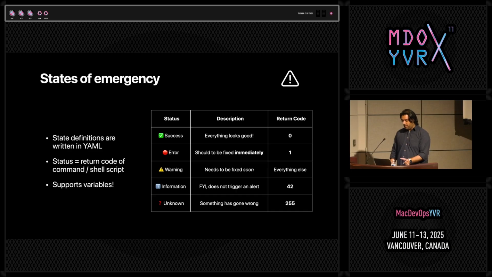So that's the information state, and then if something's fallen over, we've got an unknown state, just as a safety net. Cypress also supports the concept of variables in the state definitions. If you've defined variables, as long as you return structured data back by standard output of the command or shell script, these variables will be updated dynamically. And I'll show that in the demo shortly.